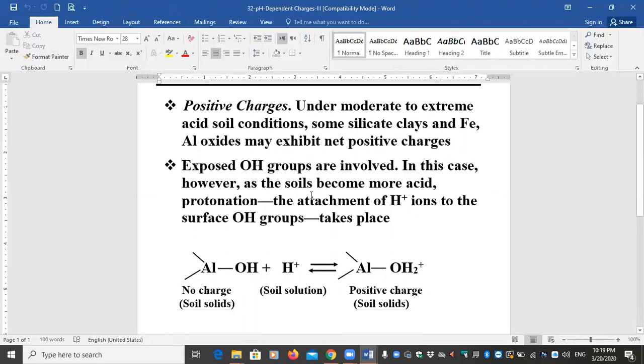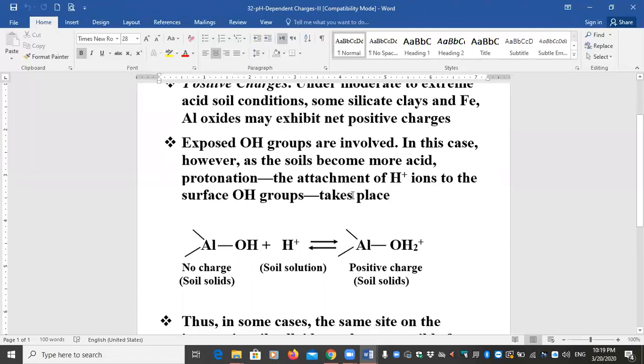In this case, however, as the soils become more acidic, protonation occurs. From now on, whenever you see the word protonation, that means the addition of hydrogen, the attachment of hydrogen ions to the surface OH groups.